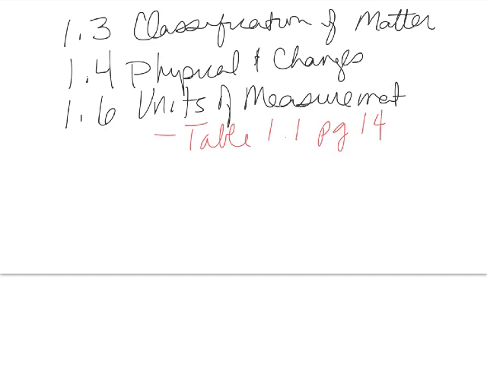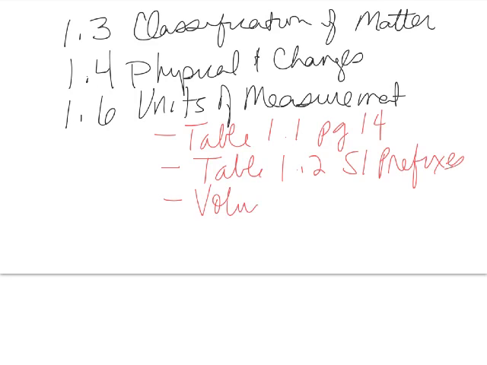I would not worry so much about the temperature. I would know my prefixes for sure. I would definitely know table 1.2, the SI prefixes. I would understand the derived units for volume and density and be able to work the problems, whether they were in Sapling or your recitation problems.